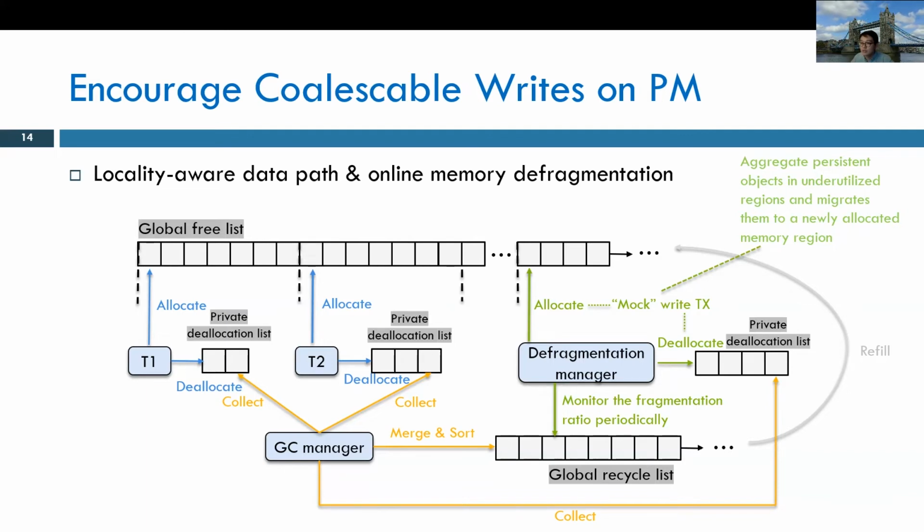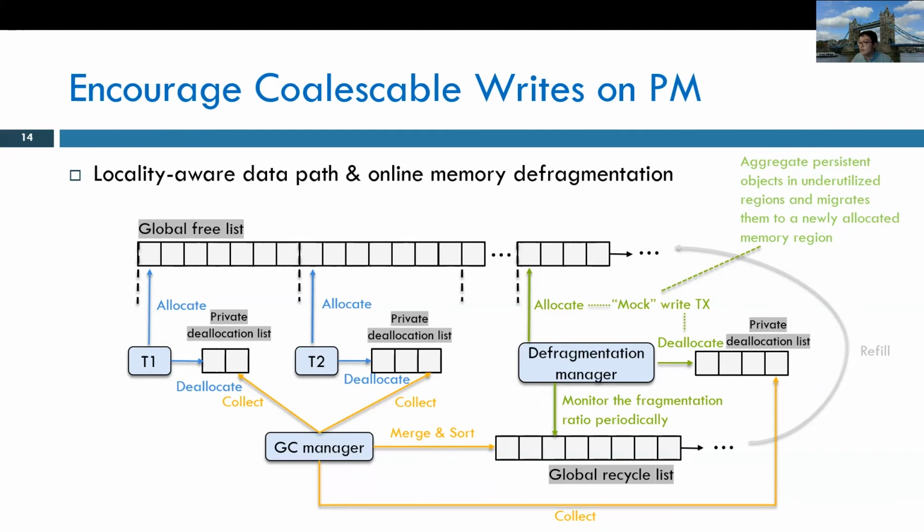When a thread deallocates a persistent object, the deallocated persistent object is added to the thread's private deallocation list. In the background, the garbage collection manager thread periodically collects freed memory blocks from the threads to the global recycle list. The global recycle list is sorted based on the memory address of the memory blocks. There is another background thread, the defragmentation manager thread.